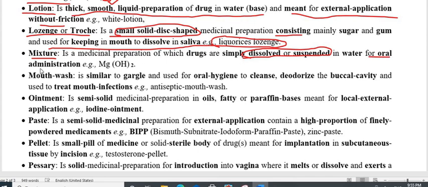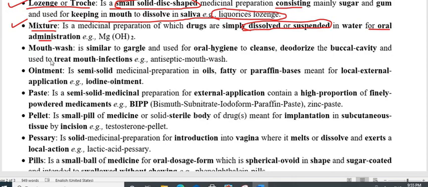This is called mixture. Lozenges are also for oral administration, but those are solid, and this is liquid. Mouthwash, that we already discussed along with the gargle. So this is similar to the gargle. This is also used for oral hygiene or oral infection, to clean, to deodorize.